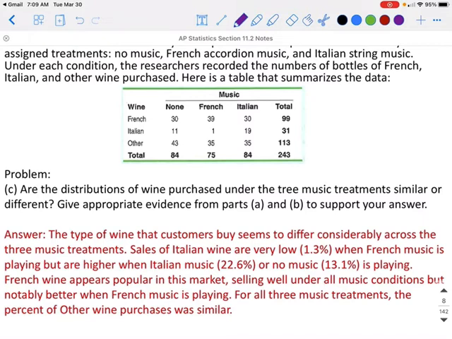Sales of Italian wine are very low at about 1% when French music is playing, but are higher when Italian music is playing at about 22.6%, or when no music is playing, which is 11.1% of the time. French wine appears popular in this market, selling well under all music conditions, but it's notably better when French music is playing. For all three music types, the percent of other wine purchased was pretty similar.